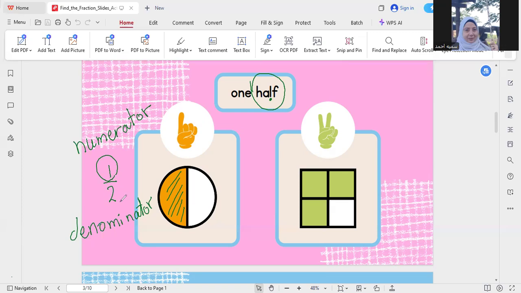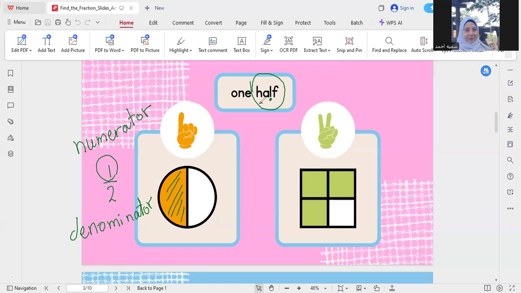But the denominator is the number of all parts, shaded and unshaded, colored and uncolored, whether we ate it or not up to now, if it was a pizza or loaf of bread or cheese and so on. So any fraction consists of a numerator, a dash, the fraction line in the middle, and then the denominator.